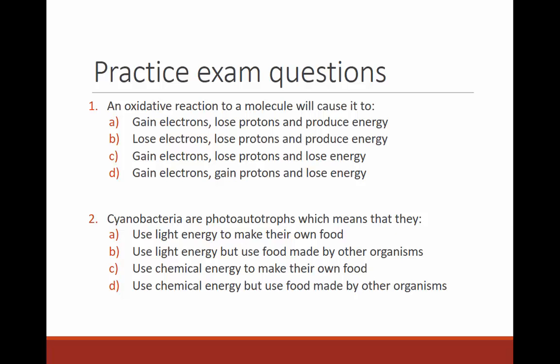Then, number two, cyanobacteria are photoautotrophs, which means that, we can knock two out of that quite quickly, can't you? Everyone got in their mind what their answers would be? Yes? Okay. Were you right?